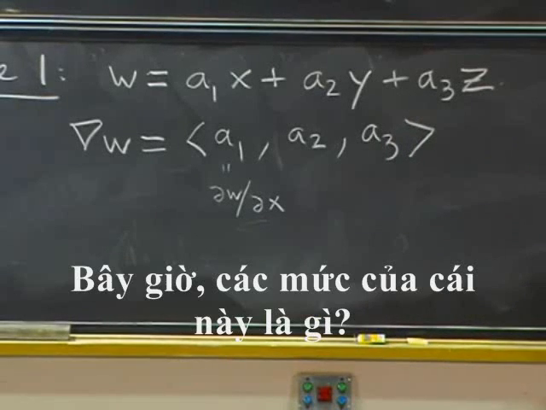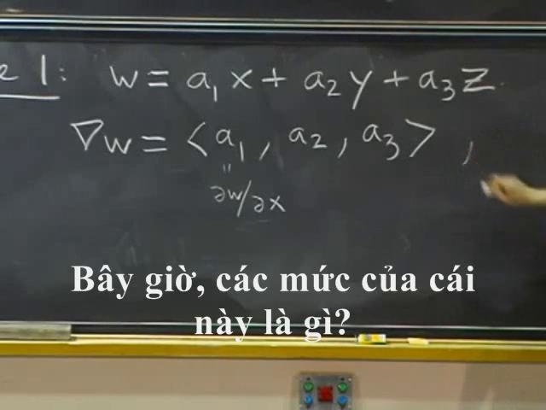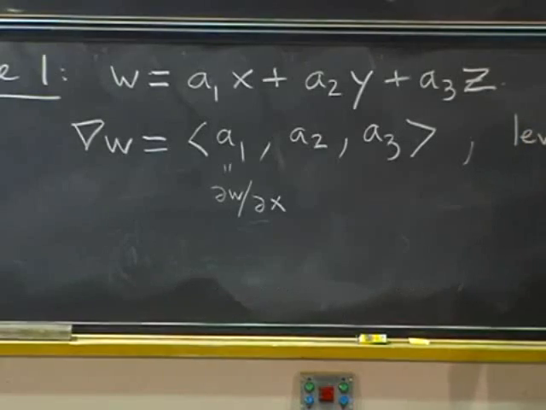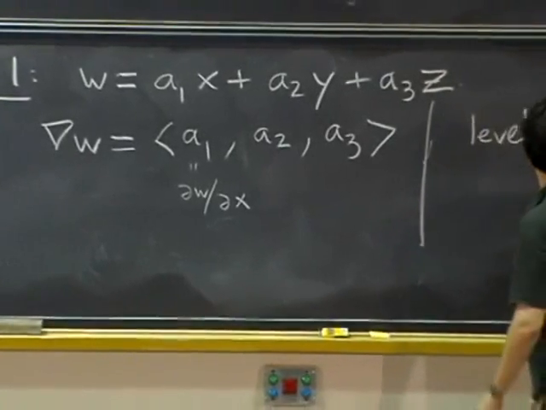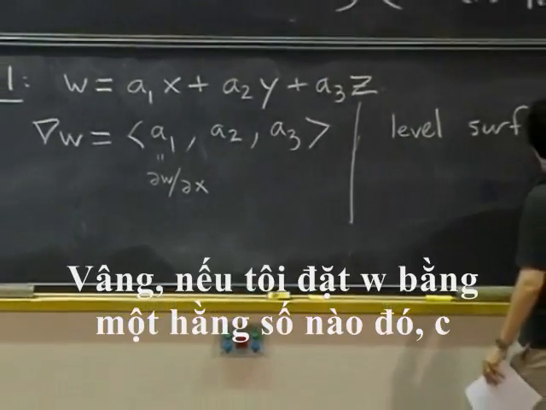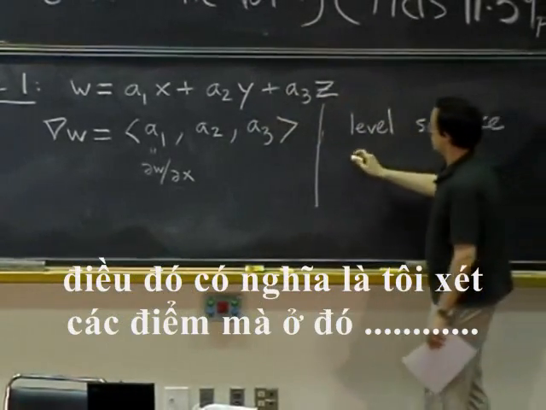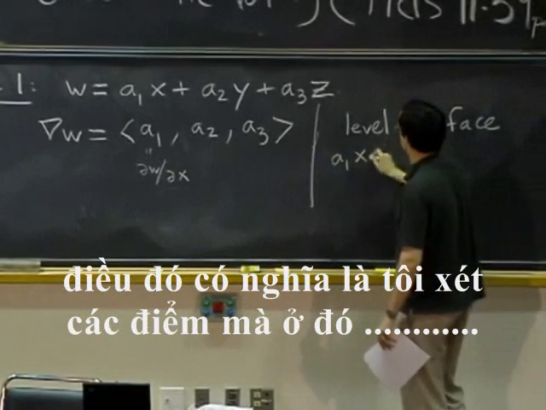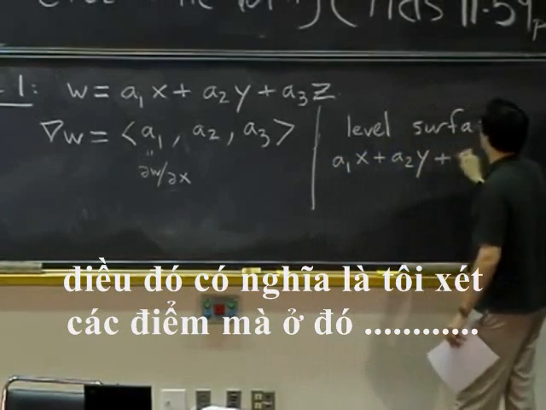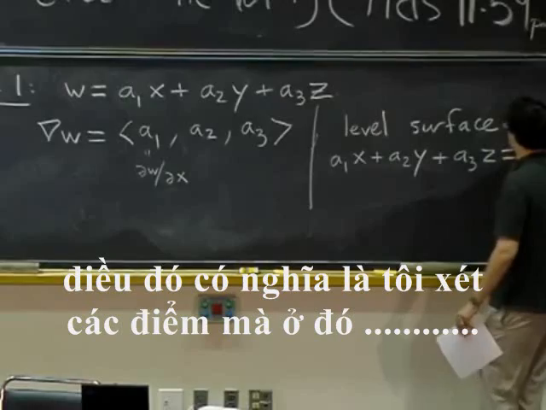Now, what are the level surfaces? If I set w equal to some constant c, that means I look at the points where a1 x plus a2 y plus a3 z equals c.